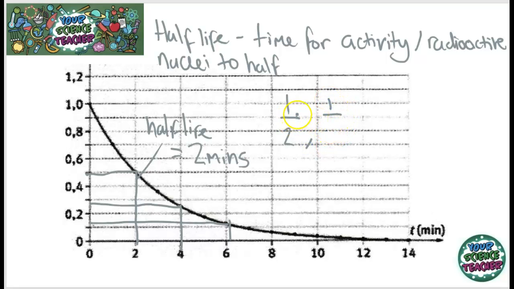So I start off with, I have half, and then it goes to a quarter of the radioactive nuclei that I started with, then an eighth, then a 16th, and so on. Because of this rule, we could calculate the age of a sample if we know the sample's half-life and we know how much is remaining.